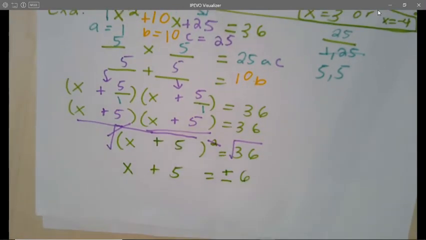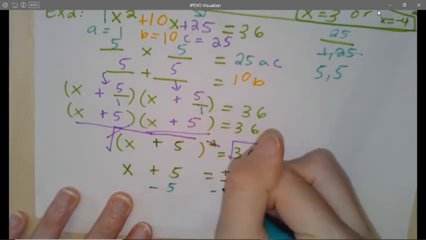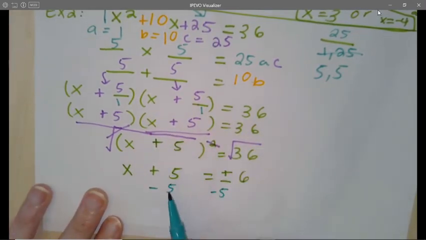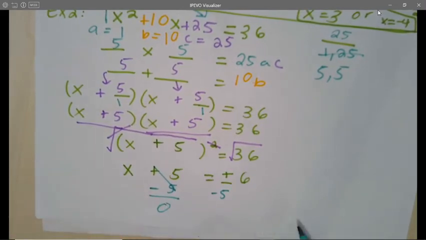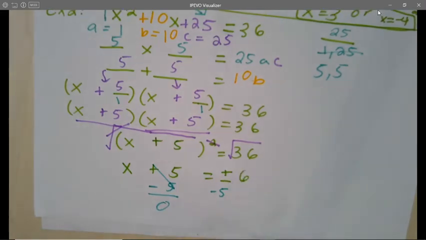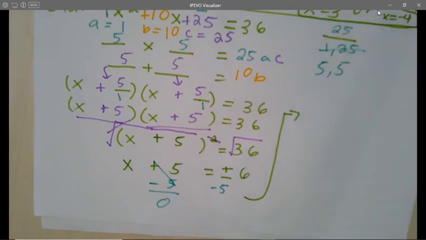Okay, and let's solve this thing for x. So how you move a positive 5 to the other side is by subtracting it on both sides. Okay, which 5 minus 5 will cancel and turn to 0. Okay, for right now, I'm not going to combine these two. I'm going to leave the plus or minus alone. Okay, so how I'm going to write this, I'm going to bring this up here because I'm out of space like normal.